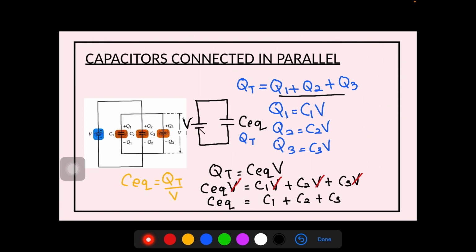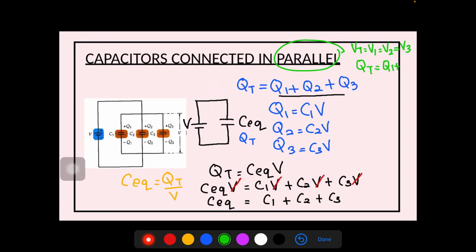So for parallel combination, V total is equal to V1 equals V2 equals V3, and the charge is not the same.